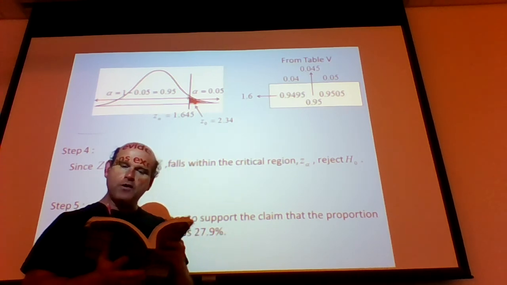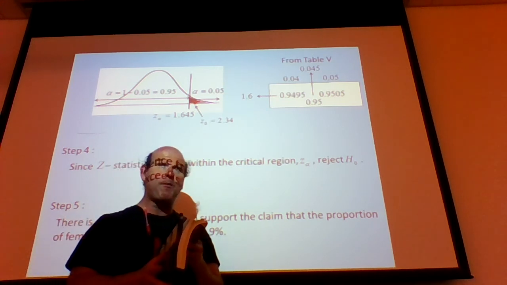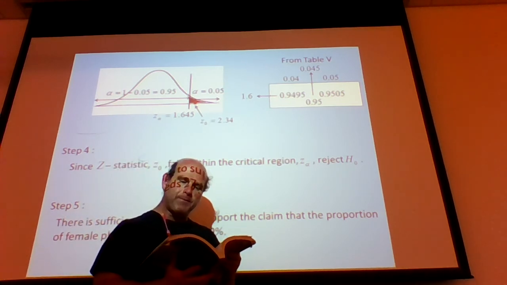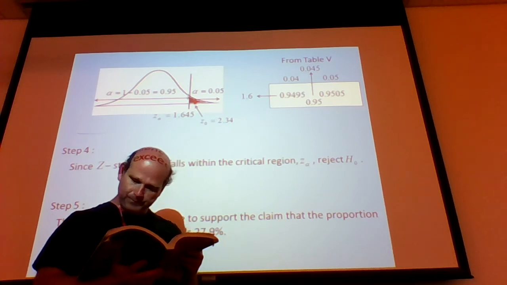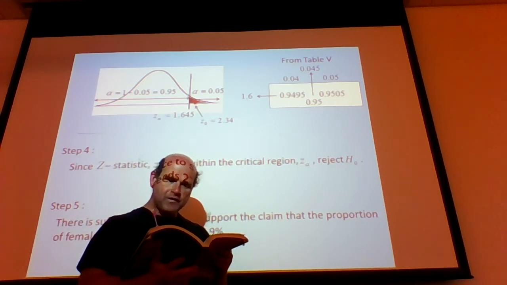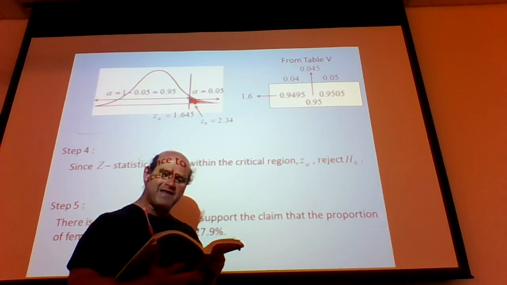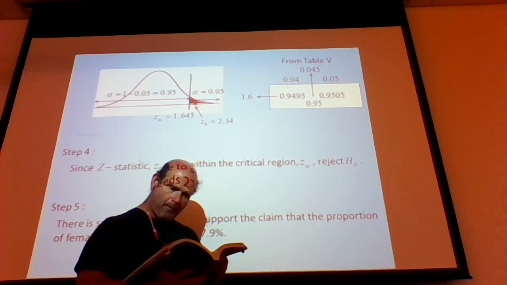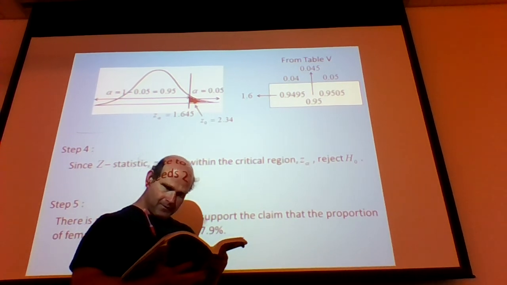And then you're going to do the same thing where you're comparing sample proportions to population proportions. That's 8.2. And you're calculating probabilities for that.